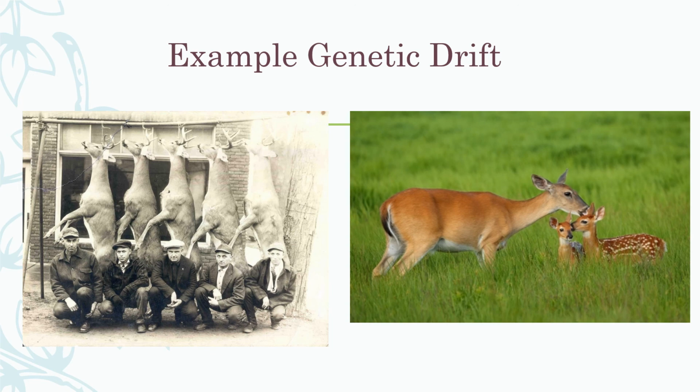The random deer that survived would then pass down their genes, and this would ultimately affect the population's success in the future because they're losing more and more genetic variation every hunting year.